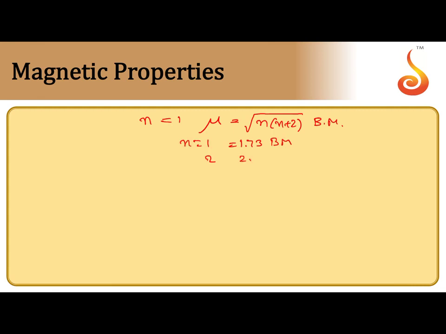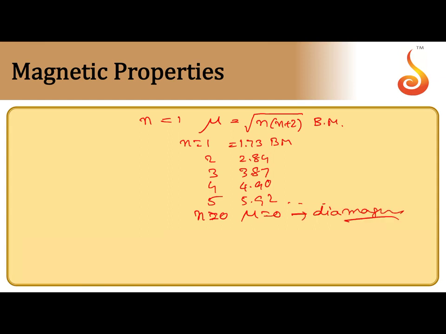n is equal to 2, 2.84; n is equal to 3, 3.87; n is equal to 4, 4.90; n is equal to 5, 5.92, like that. If n is equal to 0, no unpaired electrons, magnetic moment is also 0, then the substance becomes diamagnetic.